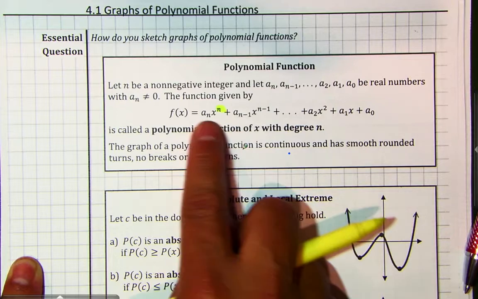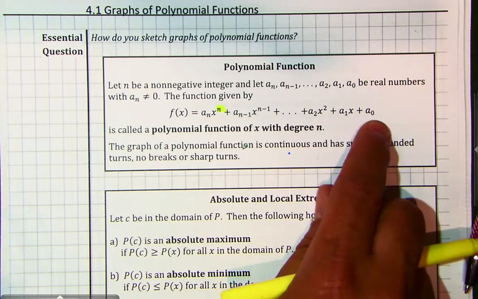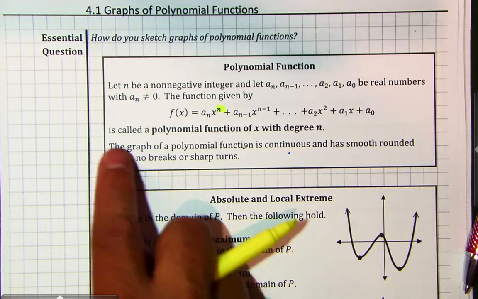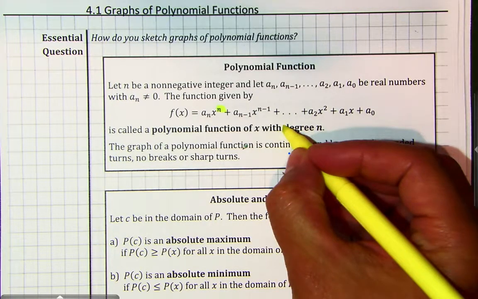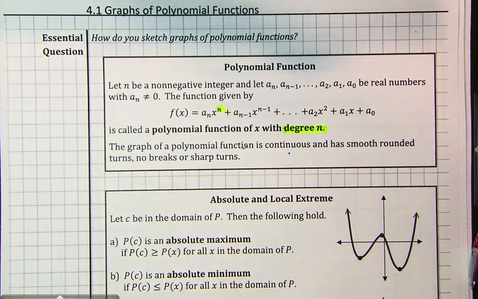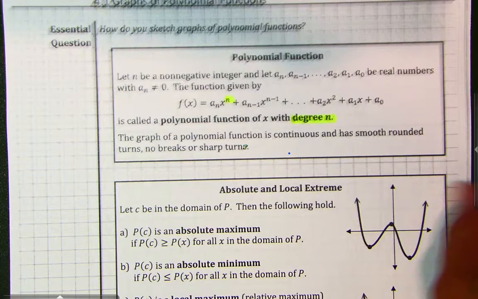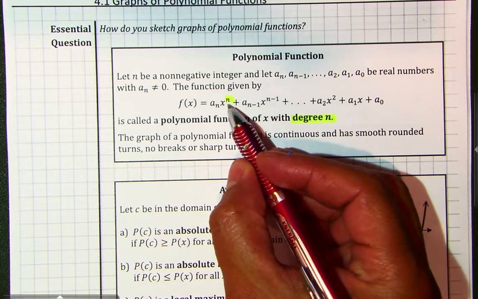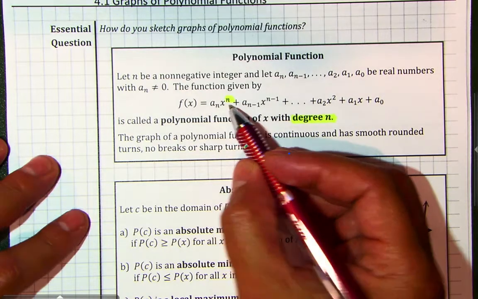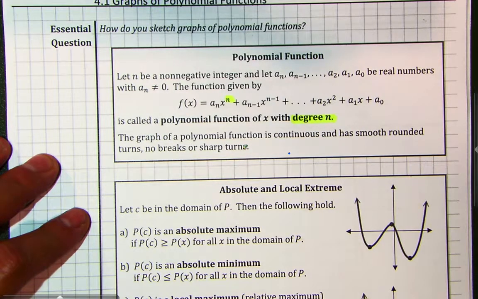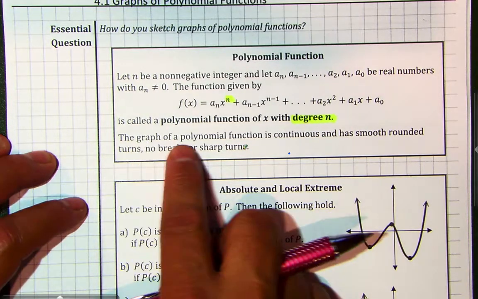So therefore, the coefficients will be real numbers. Therefore, that function of x with degree n is a polynomial function. And we see that the degree of the polynomial is the largest exponent of the polynomial.